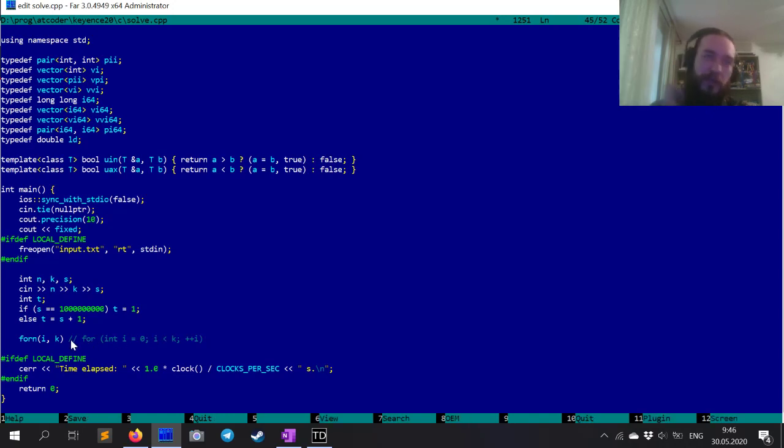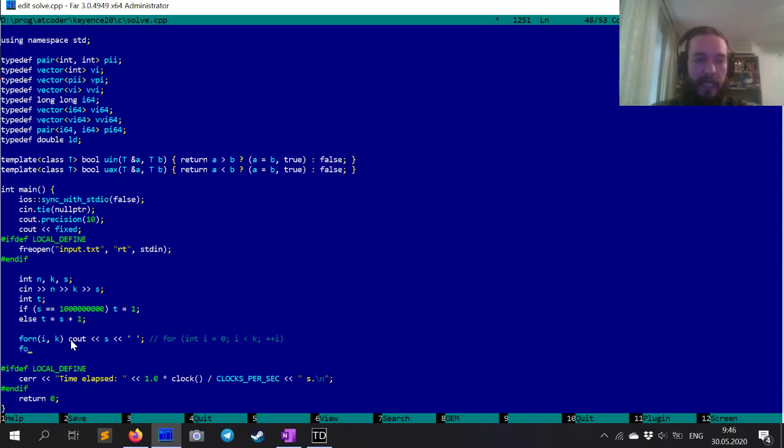It's just a shorthand, you can see it's like 3 times shorter, so that's what I usually use. Okay, so we have to output k copies of s and then n minus k copies of t.